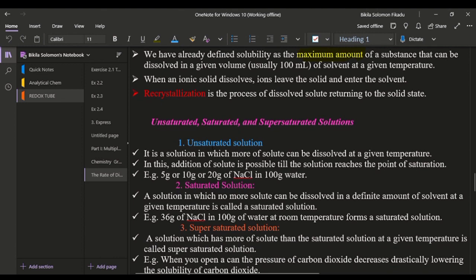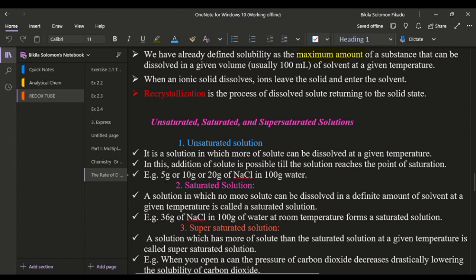So the first one is unsaturated solutions. So unsaturated jechuudha. It is a solution in which more solid can dissolve at a given temperature. At a given temperature it dissolve kan ta'u solution tokko maal jedhame waamama? Yookaan solutiin tokko at a given temperature keenyatti dissolve gaafa ta'u unsaturated solution jedhame waamama jechuudha.